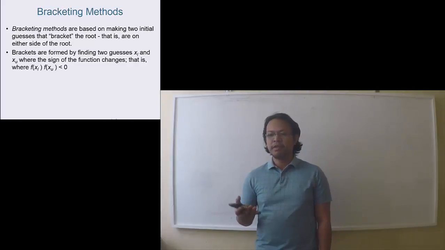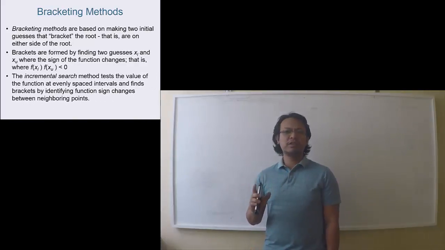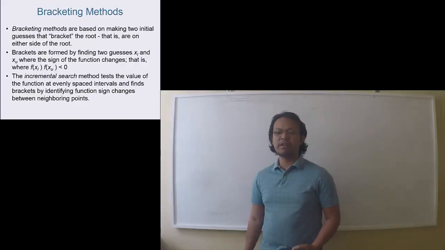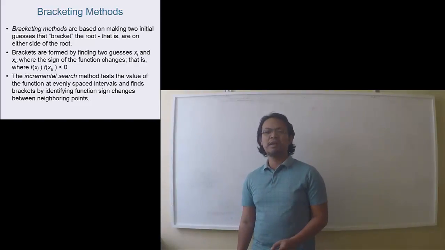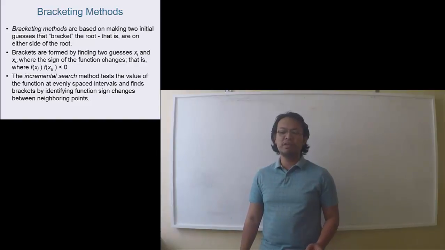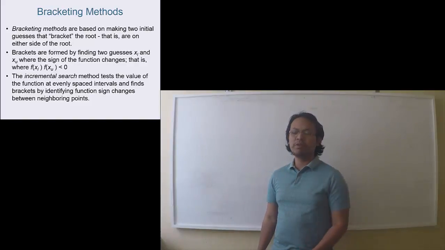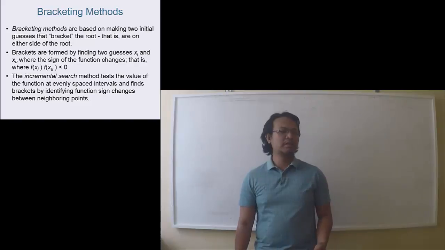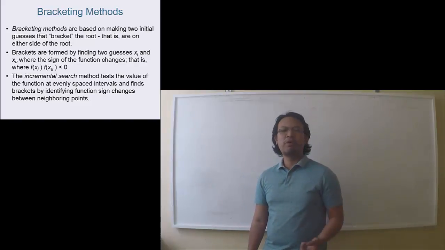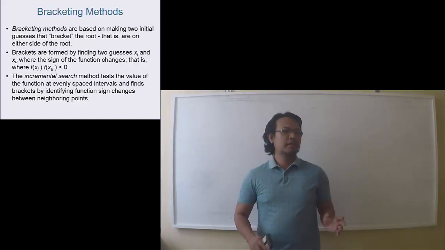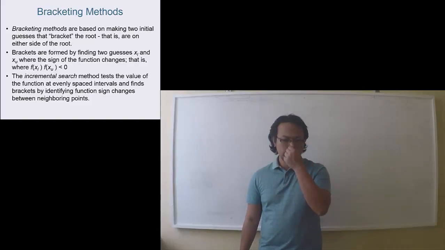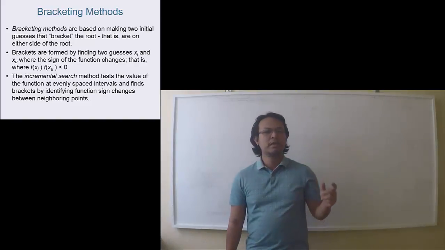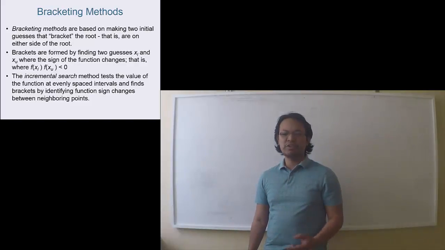Now, the incremental search method tests the value of the function at evenly spaced intervals and finds brackets by identifying function sign changes between neighboring points. So this method is like a program. You fill in the function, and this incremental search method will give you a bracket wherein there is a change of sign.